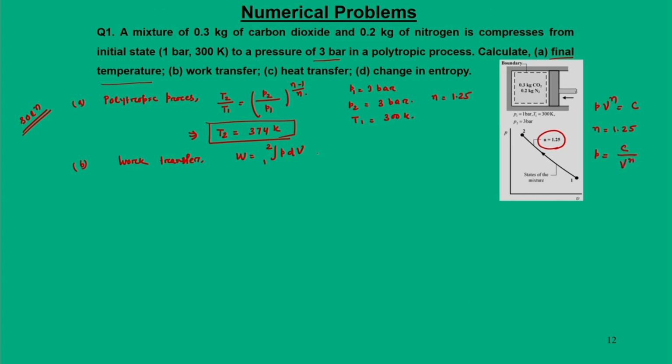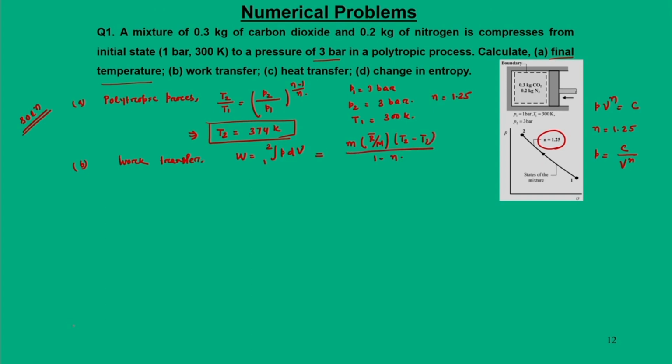After integration, the final expression for work transfer is m times R bar by M, so it is nothing but mass into T2 minus T1 divided by 1 minus n.